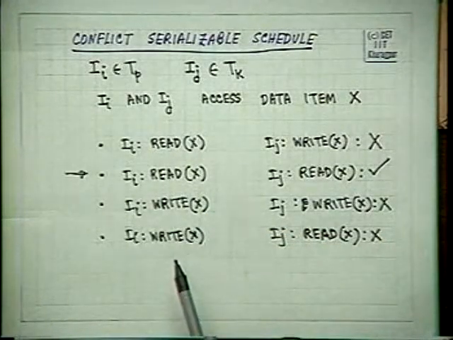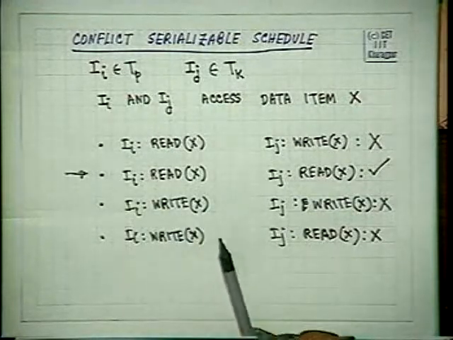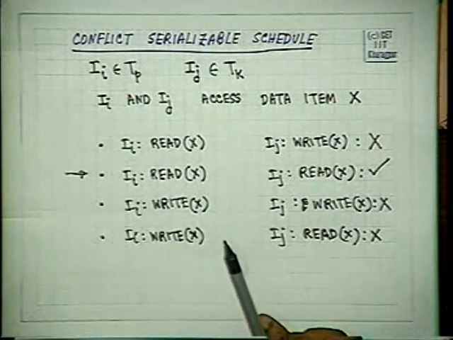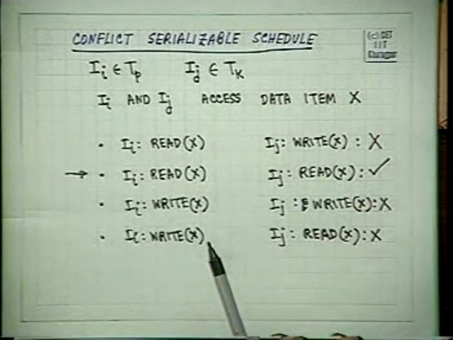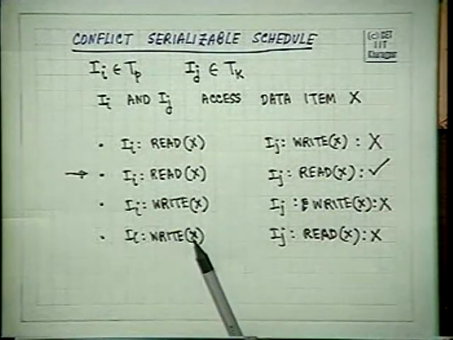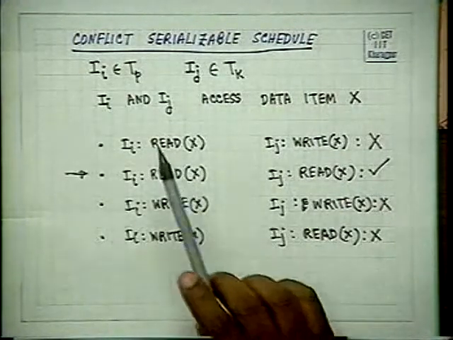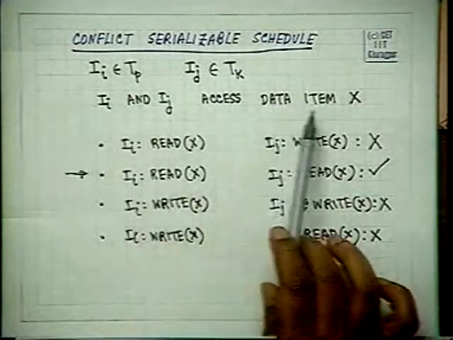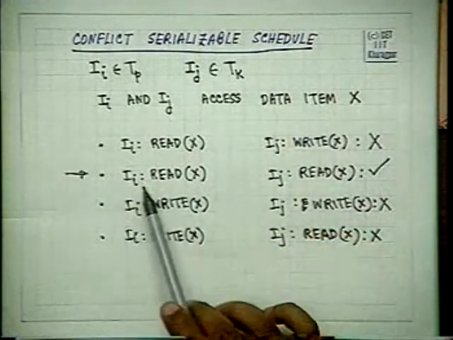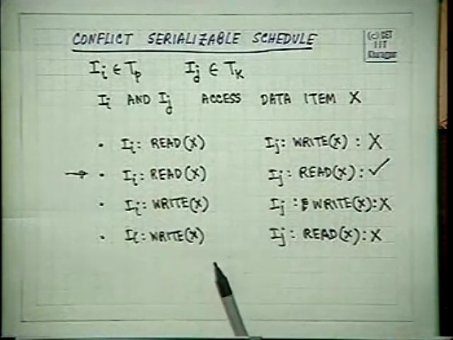The terminology says that we will have a swap operation, and our swap operation allows instructions of transactions to be swapped. So given a schedule S, we are allowed to swap instructions if they access different data items or if both are read on the same data item.